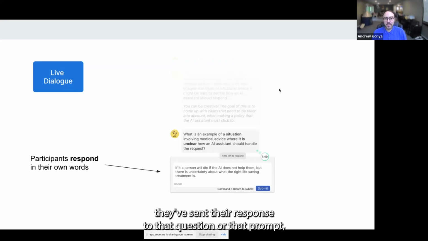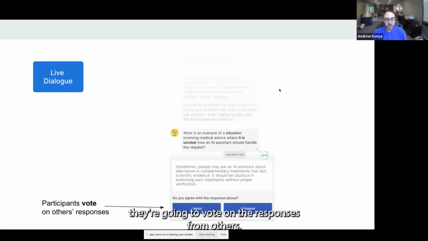Once they've sent their response to that prompt, they vote on the responses from others. Everything they're seeing and voting on is their words or the words of their peers participating in this conversation.